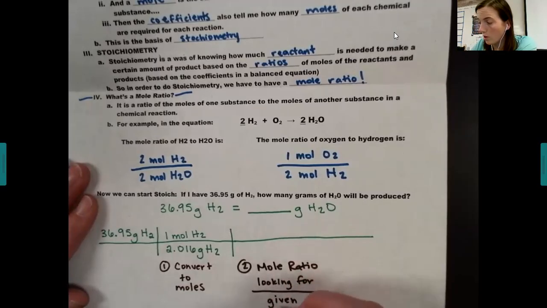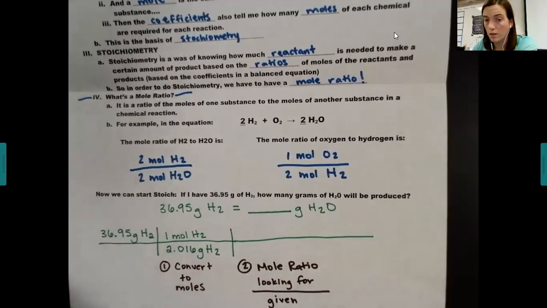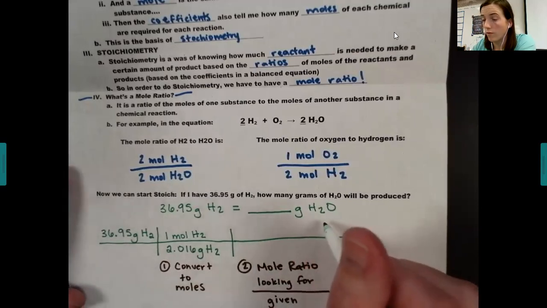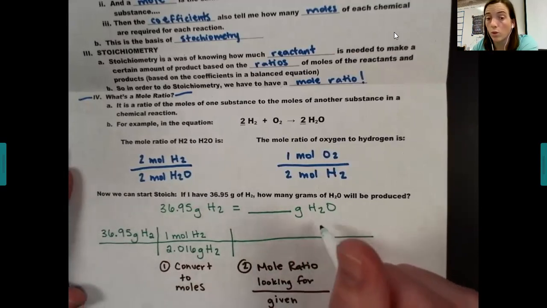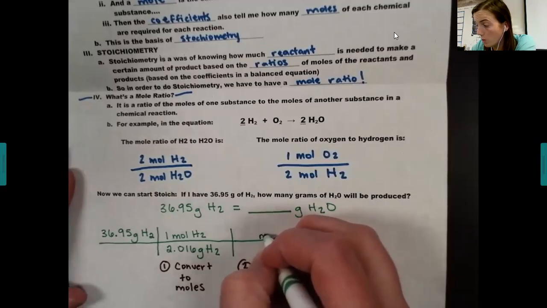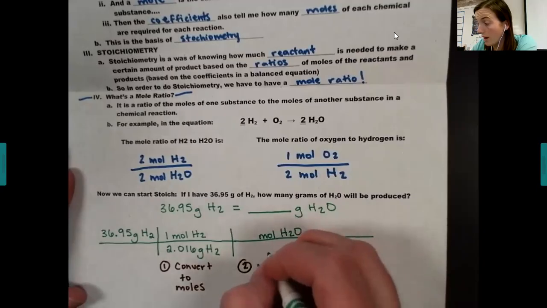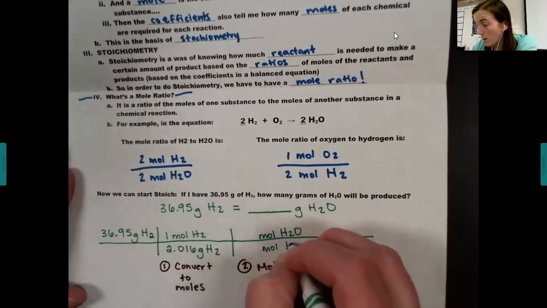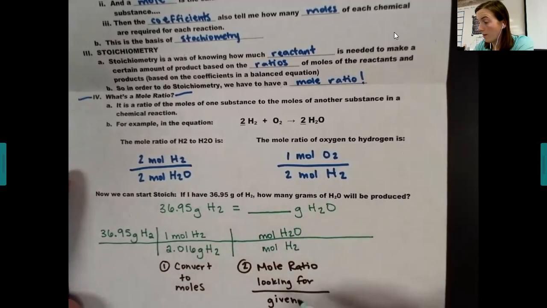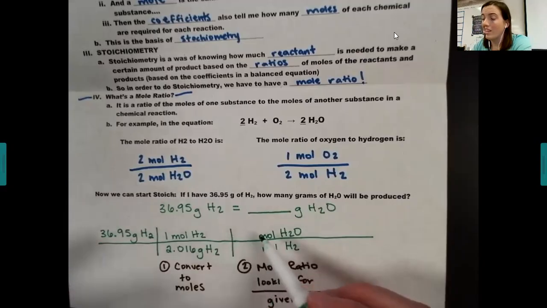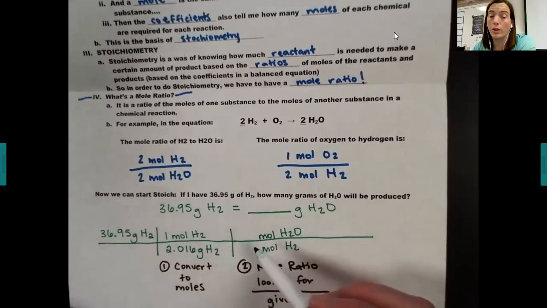So this is moles looking for over moles given. What that means is we're looking for water, so we're going to have moles of water on top. And we were given hydrogen, so we're going to have moles of hydrogen on bottom. Looking for water, given hydrogen.